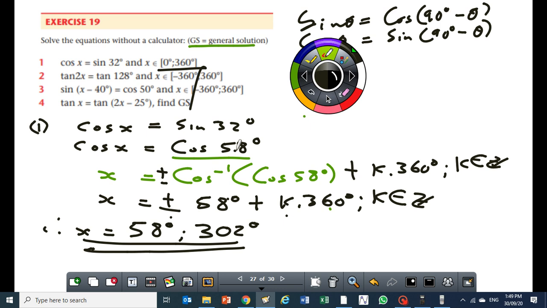If the reference angle is 32, the opposite side changes when the reference angle becomes 58 degrees. Because of that, your two ratios cannot be the same. You get what I mean?